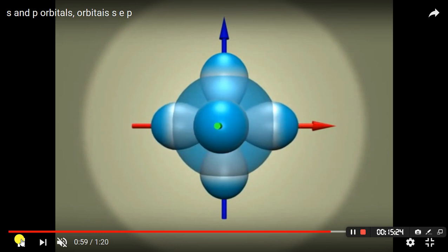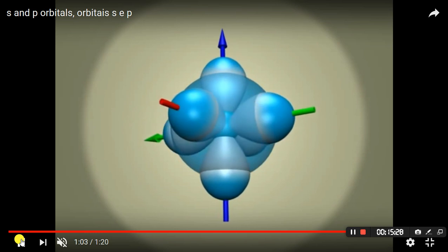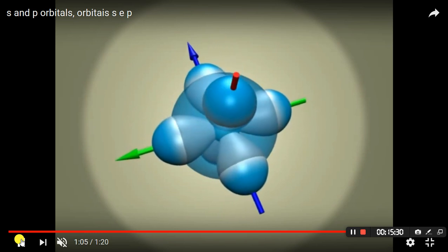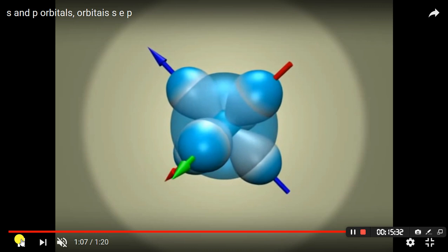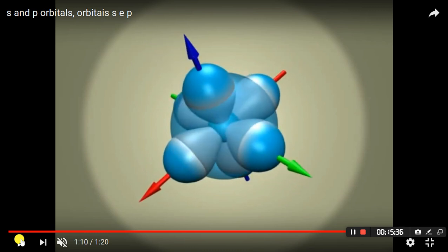Now this is what an atom really looks like. This is closer to the actual depiction of an atom if it had two quantum shells filled. And as you can see, this is very different from the diagram that you've seen in books that we were discussing earlier.